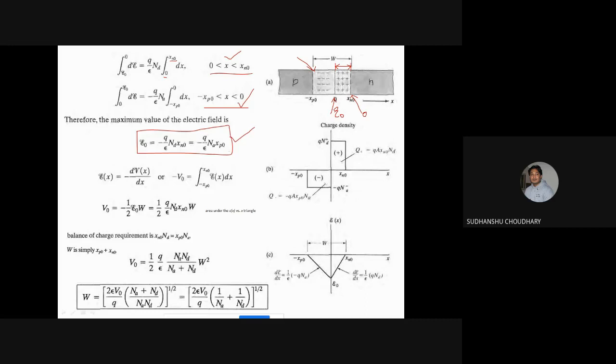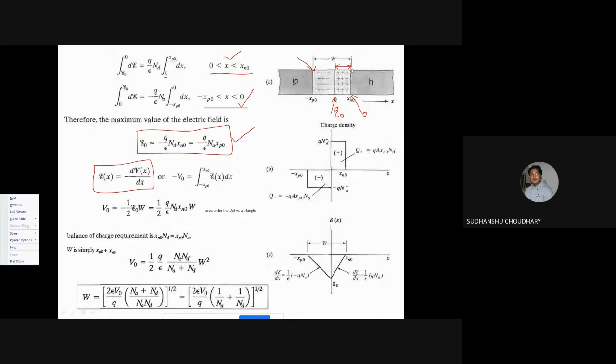Now, some time back we had studied that the electric field has a relation with the electrostatic potential. So E(x), the electric field, is equal to -d/dx of V(x), the electrostatic potential, which is the potential in this region and changes with x.